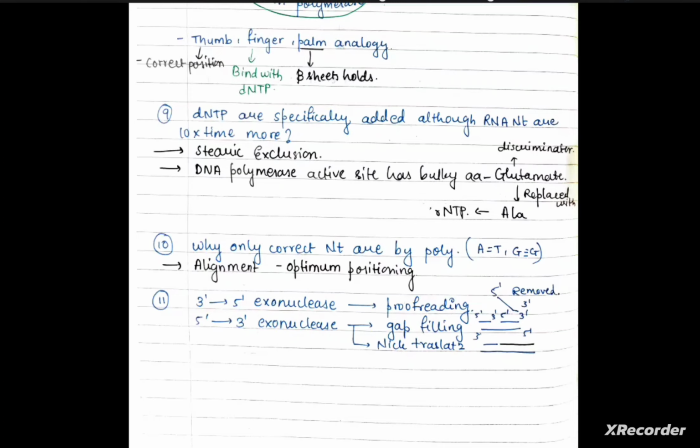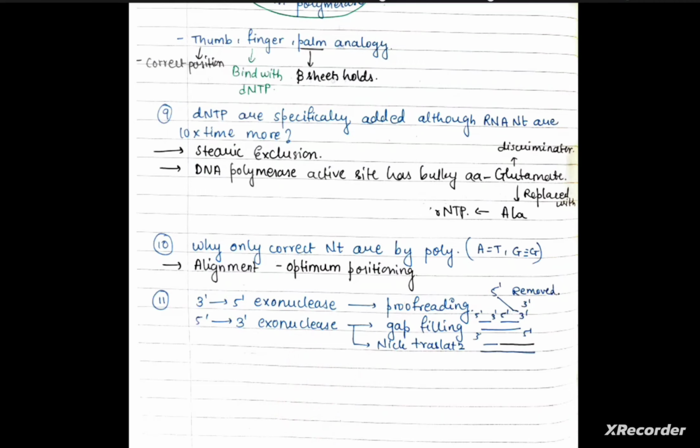It can basically correct the incorrect thing. So whenever you add the nucleotides, A has to be with T. If this is G, for example, it can be corrected. This is the proofreading activity. Now when you have proofreading activity, it will increase the fidelity. It is very accurate, but the process of polymerization overall will be slow.